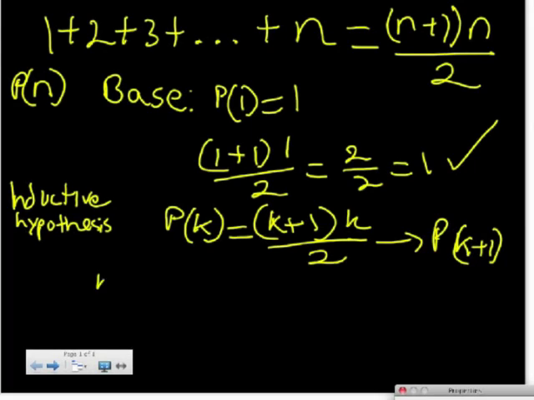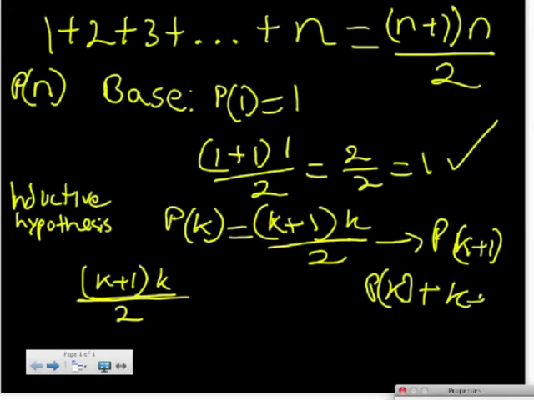Now, since we know that P of k is k plus 1 times k over 2, we already have this sum. And since P of k plus 1 is just equal to P of k plus k plus 1, right? Since P of k I already have written out right here, I can just add a k plus 1 to that.